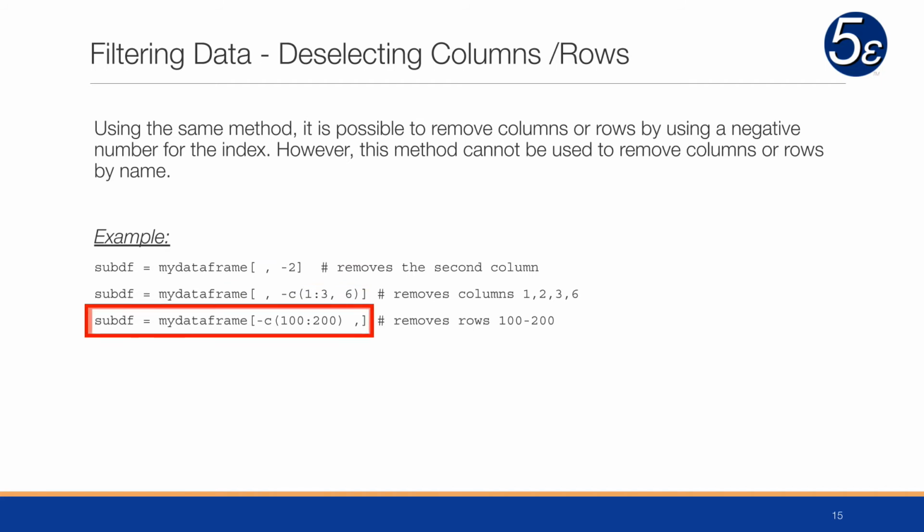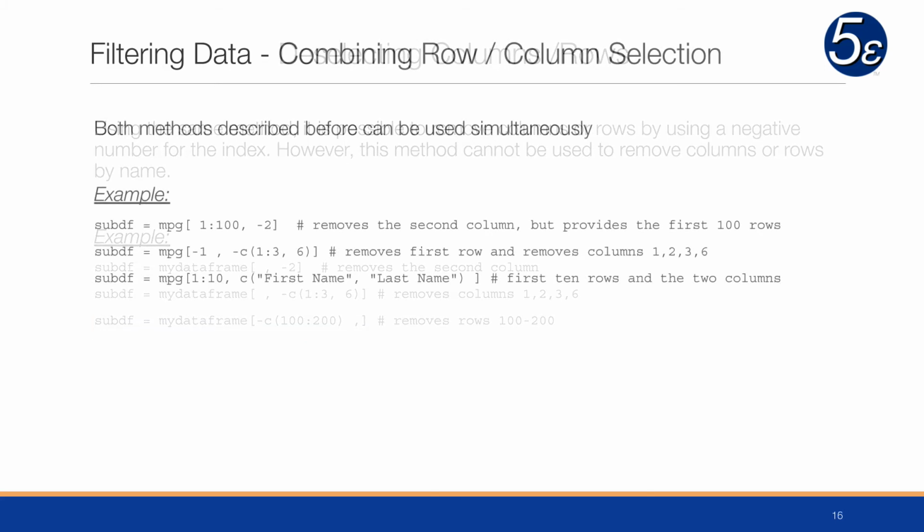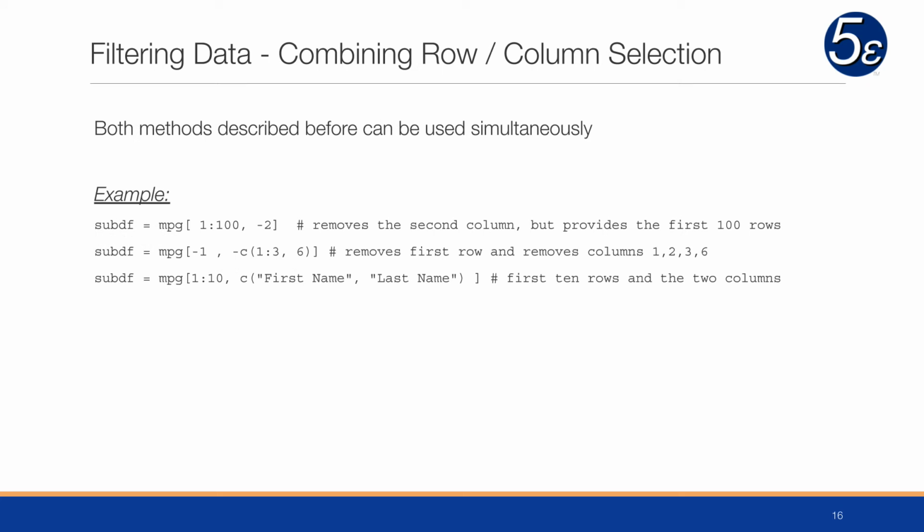And in the final example, we're going to remove the rows 100 to 200 by doing my data frame bracket minus C(100:200), comma, bracket. Both methods can be used simultaneously. So in this example, we have MPG 1:100, comma, -2. It will remove the second column and provide the first 100 rows.